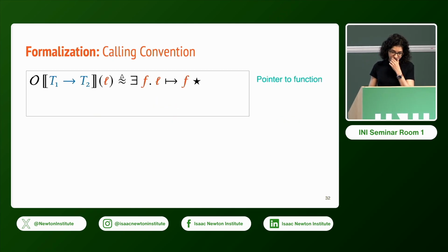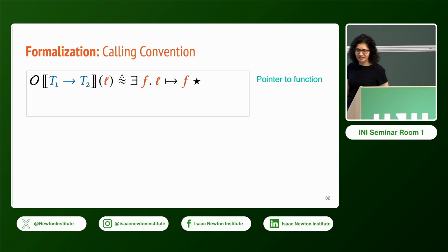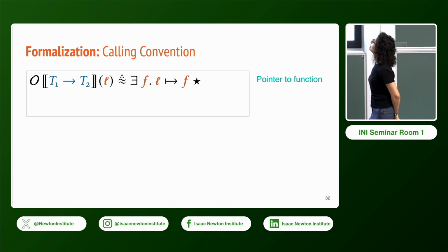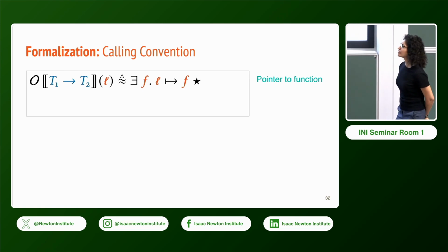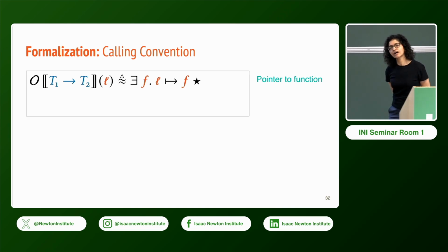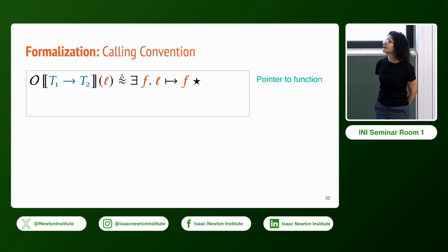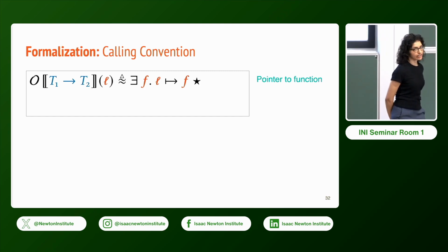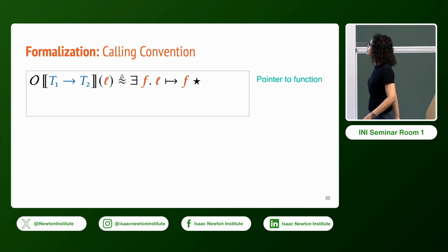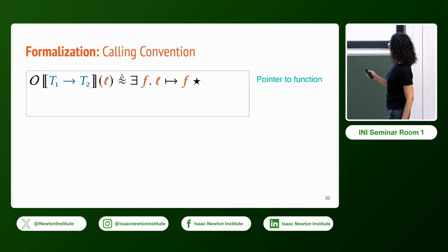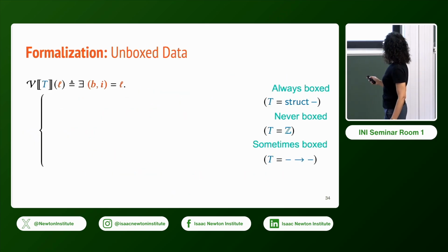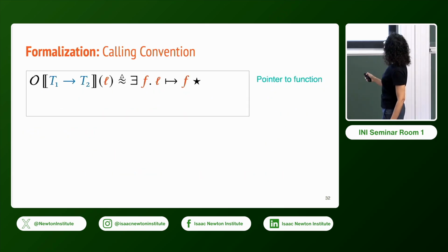Okay, calling conventions, the other important thing that ABIs specify. So first, let me show you a very simple version of this. For a function T1 to T2, if I want to say that L behaves like an object of that function, I'm just saying that L points to a function, oops, I was trying to use the laser pointer.